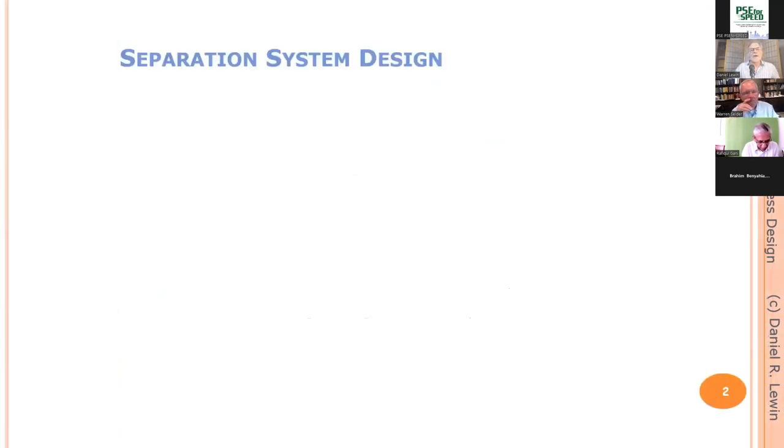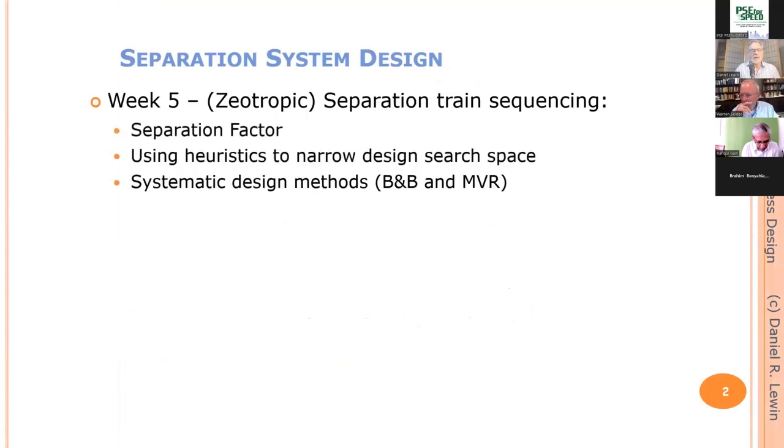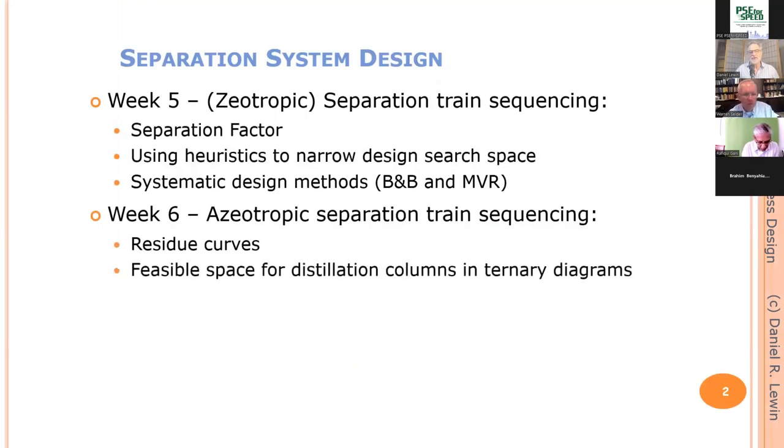So, an overview of the 2-week sequence. Basically, in week 5, we teach zeotropic separation train sequencing, which involves the students becoming familiarized with the idea of the separation factor, to choose between alternative separation methods, using heuristics to narrow the design search space, and systematic design methods.